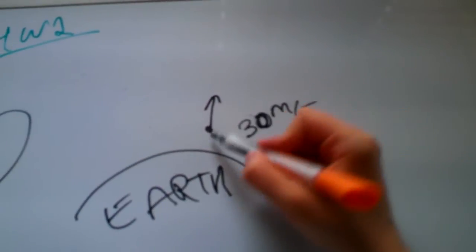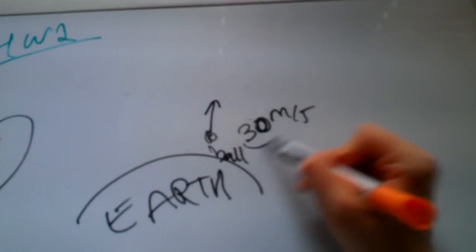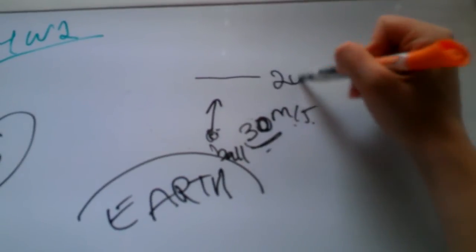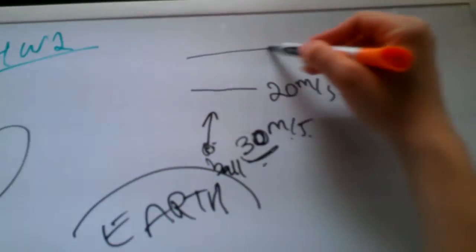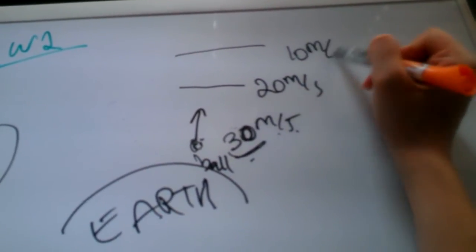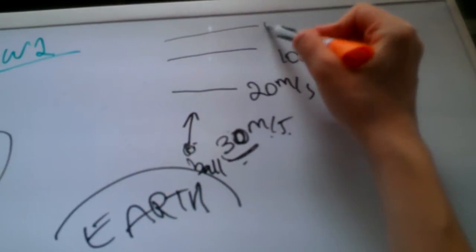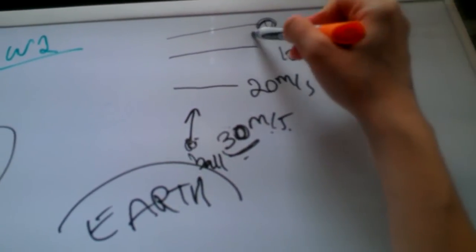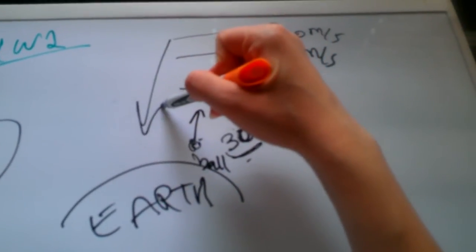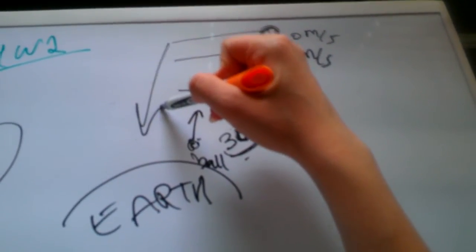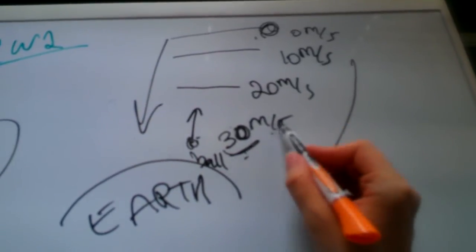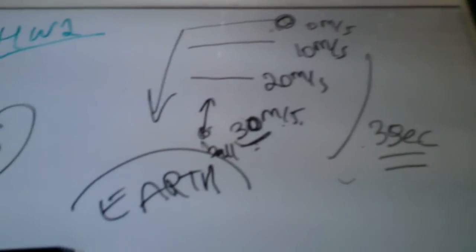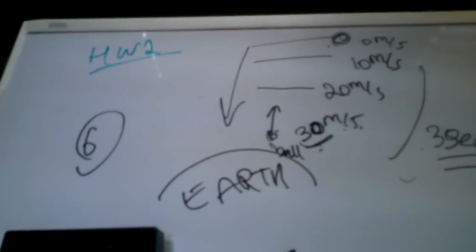If I throw a ball at 30 meters per second, after 1 second it becomes 20 meters per second. After another second, 10 meters per second. The third second, it stops. And where it stops is its maximum height, because right after that it comes back down to Earth. So for 30 meters per second, it takes 3 seconds to reach maximum height.